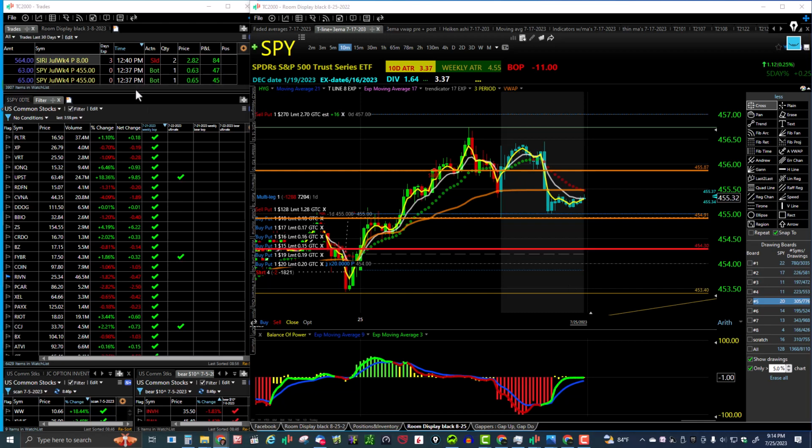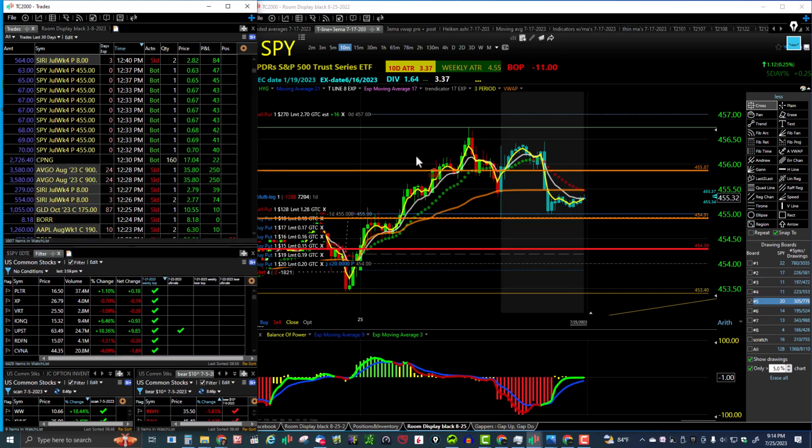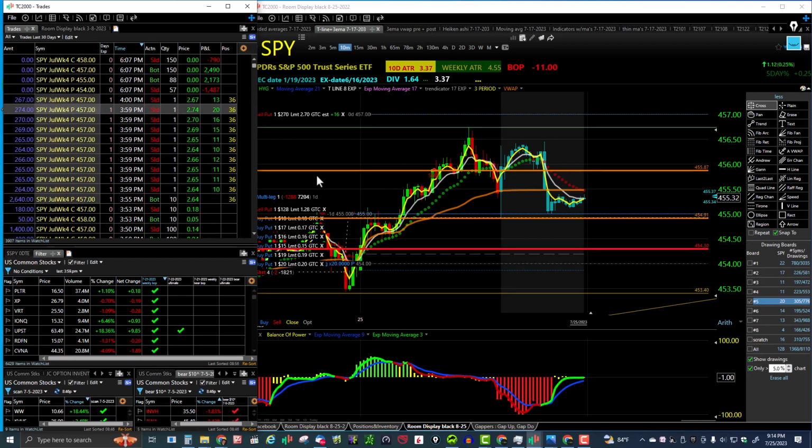Well, these right here, this I put on a synthetic right here. It all depends on what I see. We're at a prior high. I know there'll be a battle up here. So I put on a bull put spread because we were bullish.